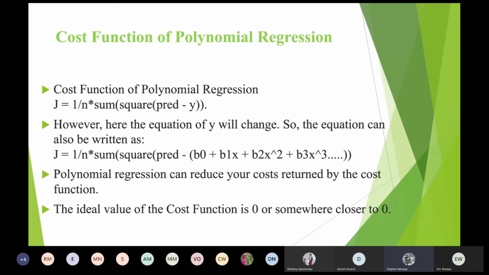In an ideal situation, the cost function is mostly 0 or somewhere close to that. If you need to know whether your model is accurate, the cost function should be close to 0.